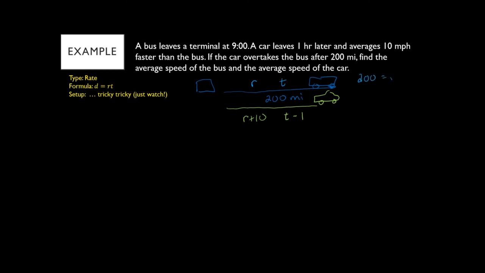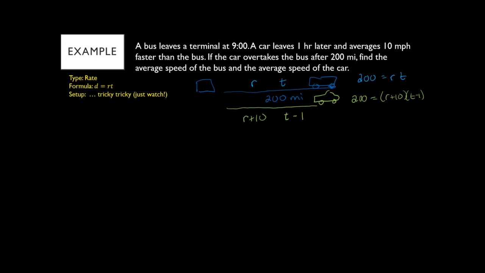So 200 would be R times T. And the car also went 200, so let me do that in green. And that is the rate R plus 10 times T minus 1. So we have two equations here.